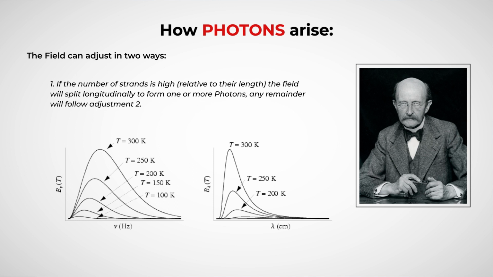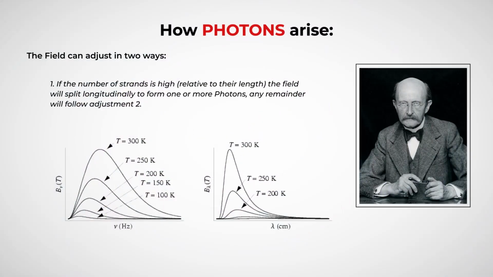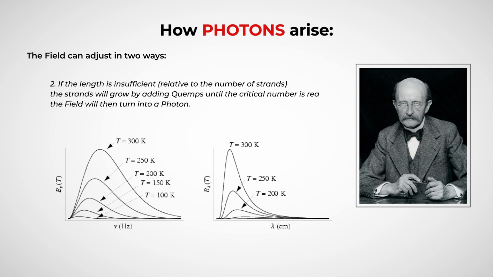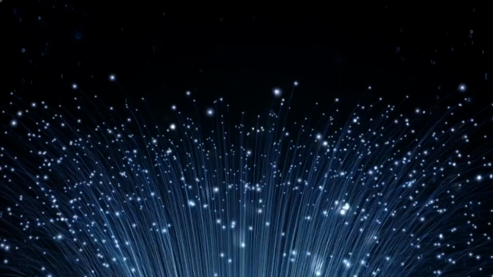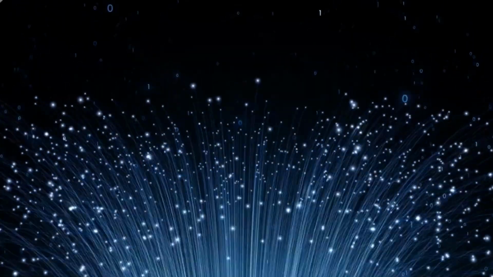If the number of strands is high relative to their length, the field will split longitudinally to form one or more photons. Any remainder will follow adjustment 2. 2. If the length is insufficient relative to the number of strands, the strands will grow by adding QEMPs until the critical number is reached. The field will then turn into a photon.